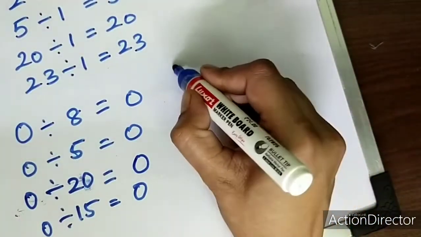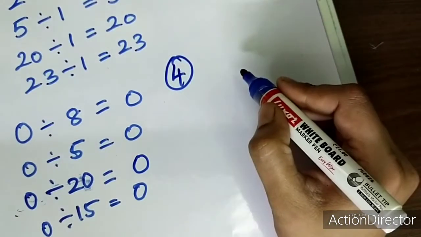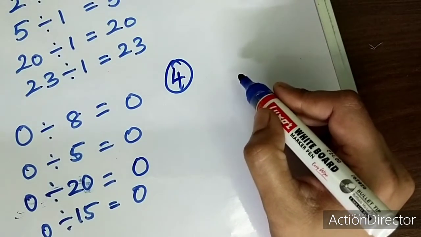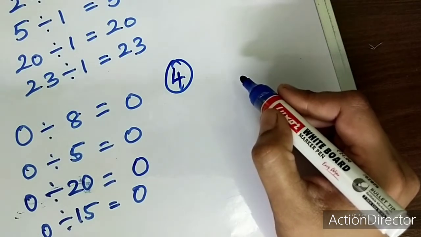And what is the fourth property? Division by 0 is meaningless. We cannot divide a number by 0.